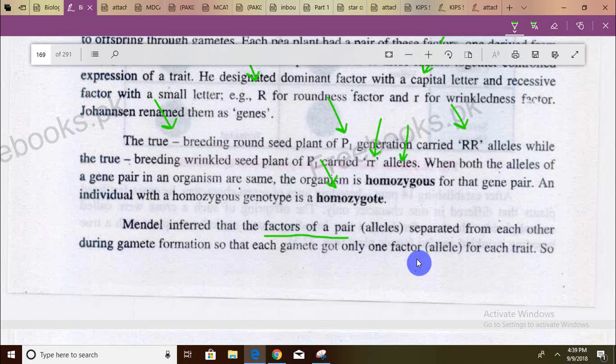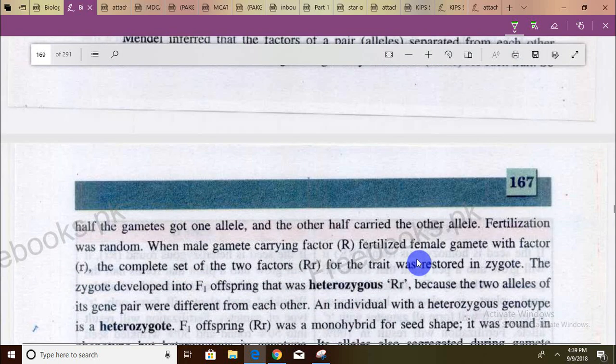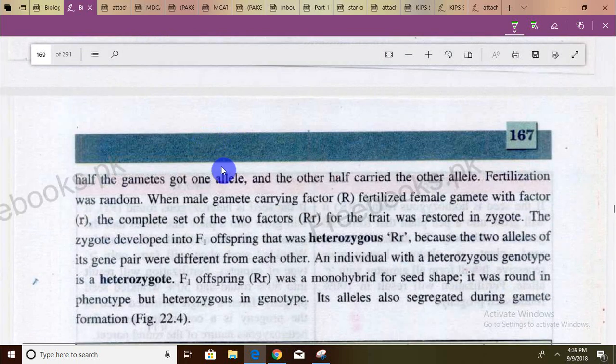This is also a distinction. So half the gametes got one allele and the other half carried the other allele. Fertilization was a random process.